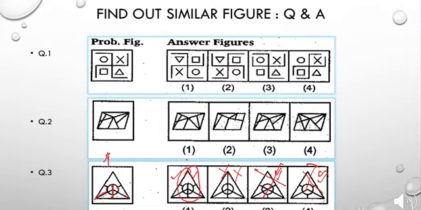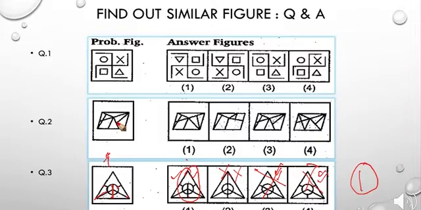So what is left is option 1. So option 1 is the guaranteed answer for question number 3. What we can see in such questions is that we need to look at the problem figure carefully and first see the framework or structure of the design, and going forward we can see the small minute designs which are put in the problem figure and start comparing each of the minute or small designs.